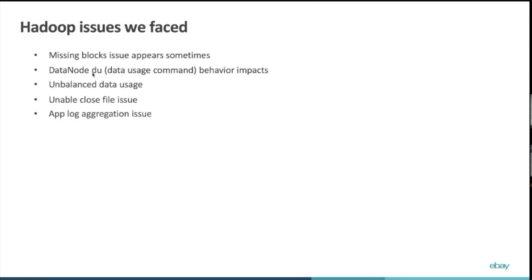And the last one is the app log aggregation issue. Actually, the last one is not an HDFS issue. That is from YARN, because YARN puts the log aggregation into HDFS, but the number of log aggregation files can be very large, and sometimes it causes problems.